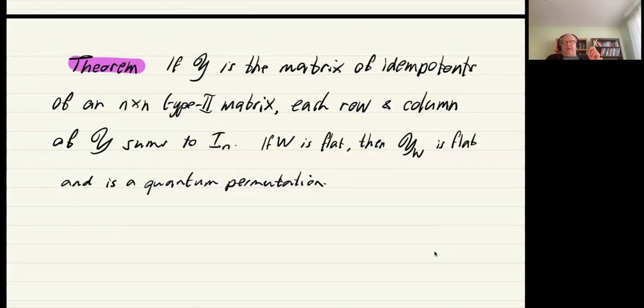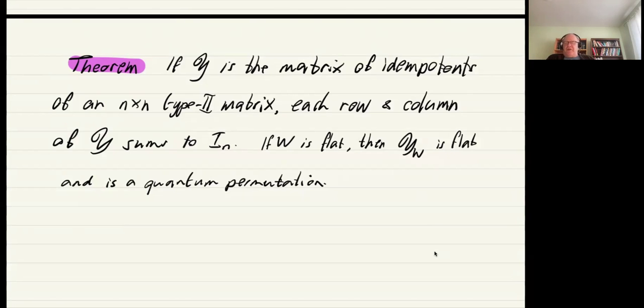So the summary is that a type 2 matrix gives us a matrix of idempotents, and if a type 2 matrix is a flat unitary matrix, then we get a quantum permutation. And so from this point of view, we've got a slight generalization of quantum permutations.